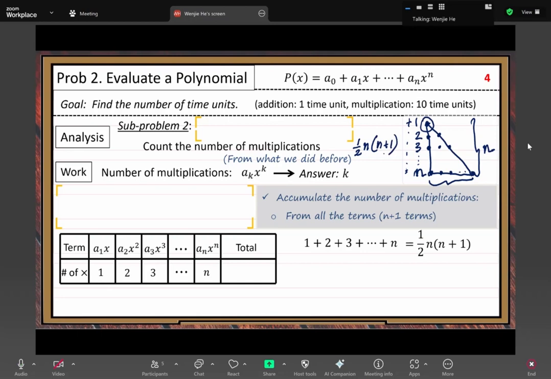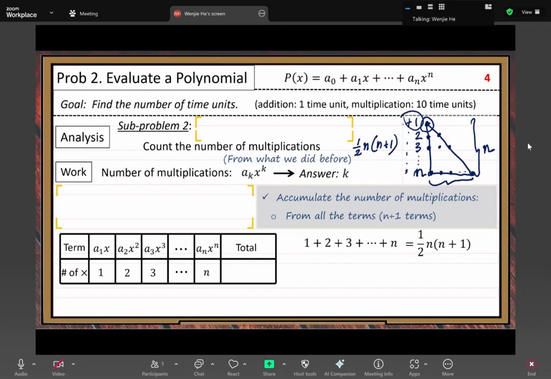Strictly speaking, you should say the area of a trapezoid, because at the top there is 1 dot. For a triangle, the length of the top is 0. But if you look at it as a trapezoid, the length of the top is 1, not 0. So use the formula of a trapezoid.